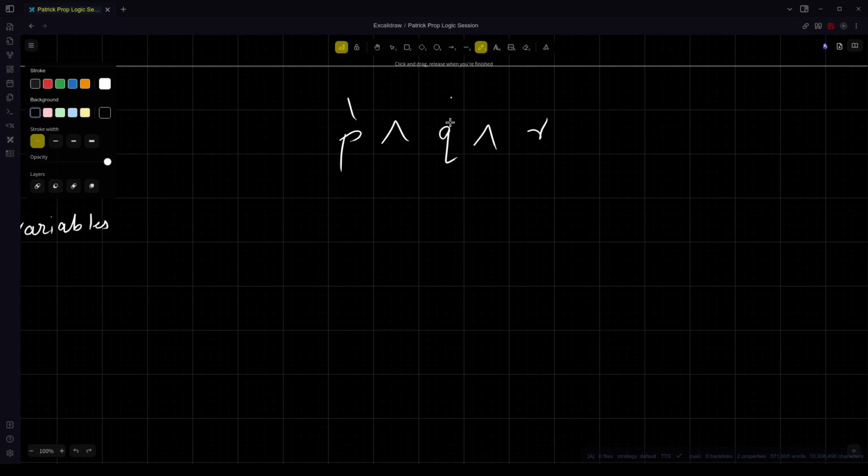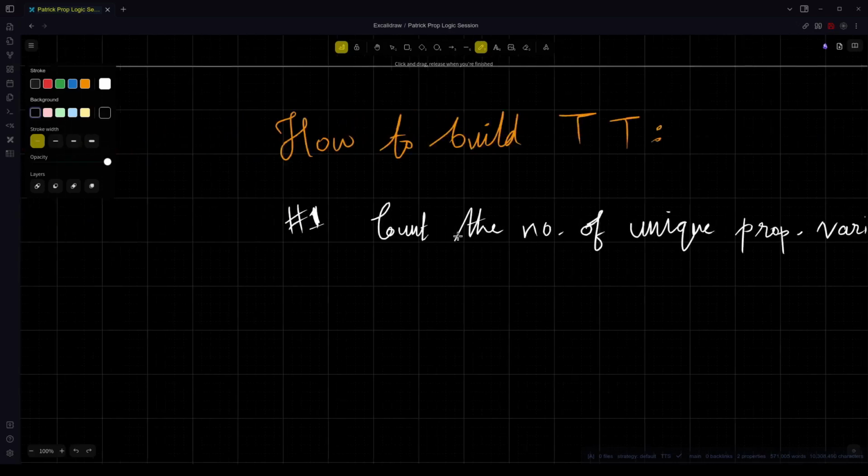That's one, that one, and that one, right? If you want to look at something like J or V, how many do you see here? Here I just see 2. Okay, so you've counted the number of unique propositional variables.